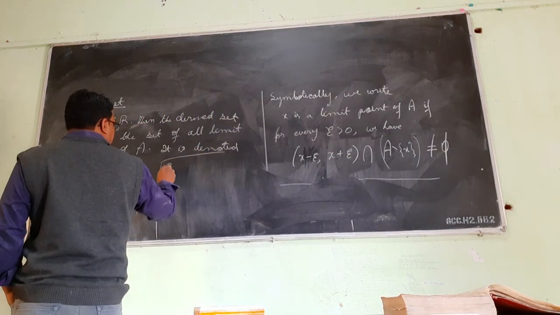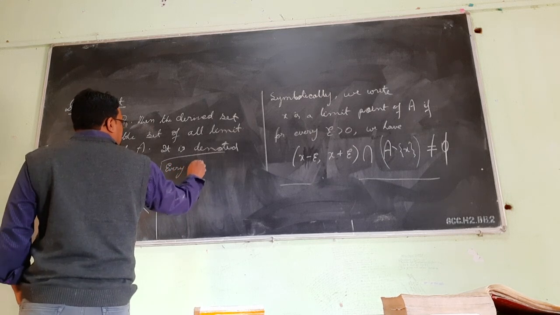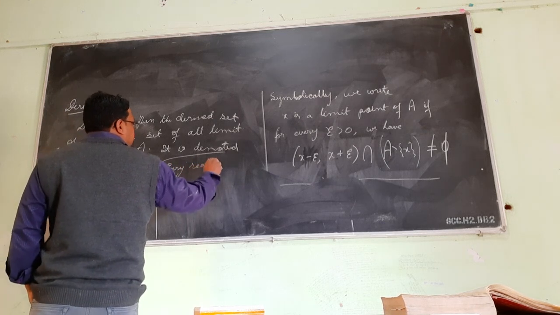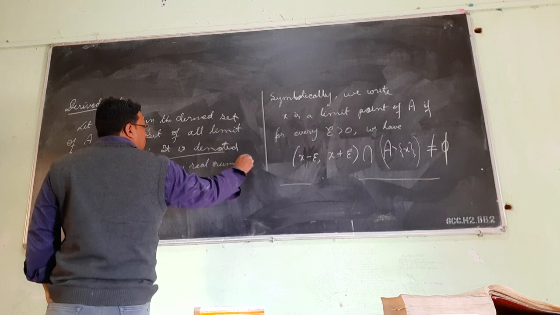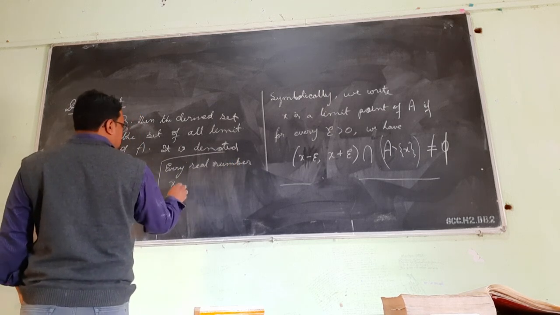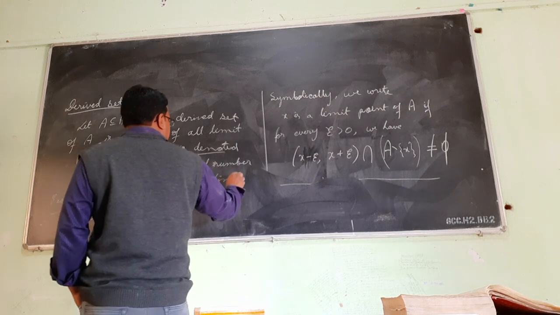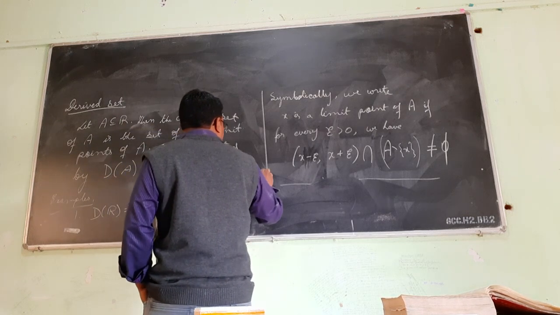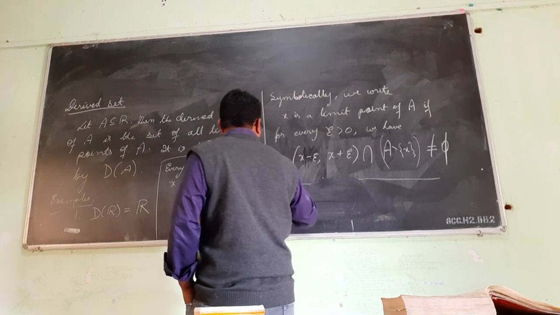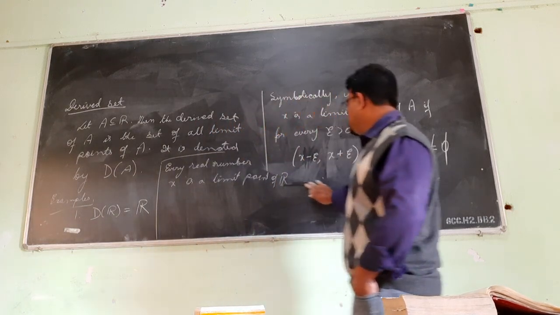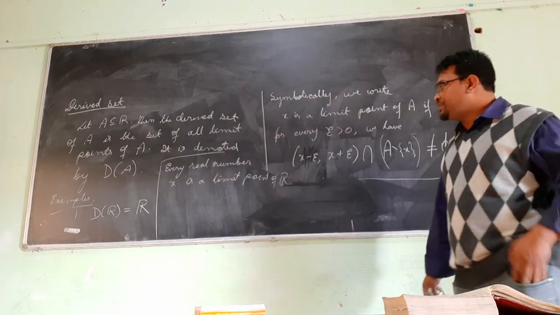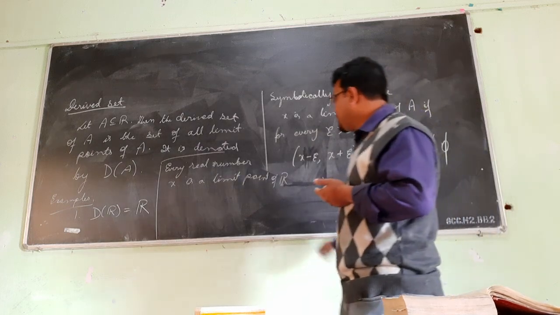Because every real number x is a limit point of R. So how do you justify that every real number x is a limit point of R?